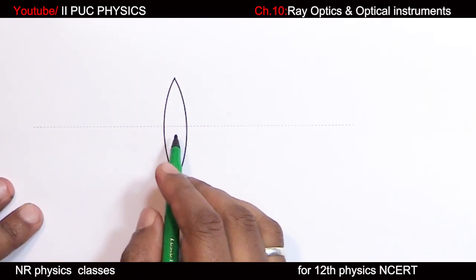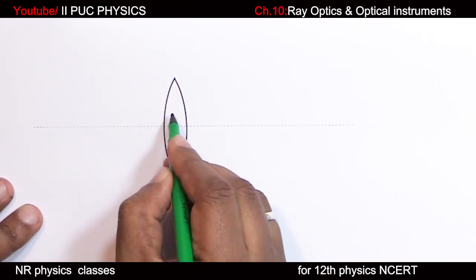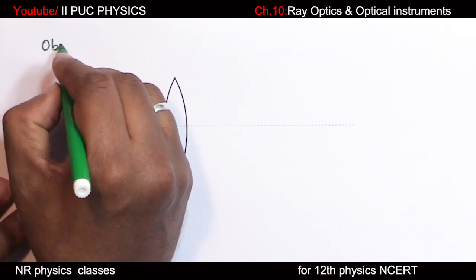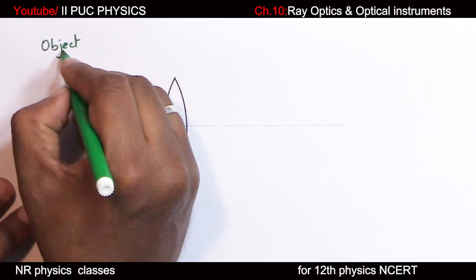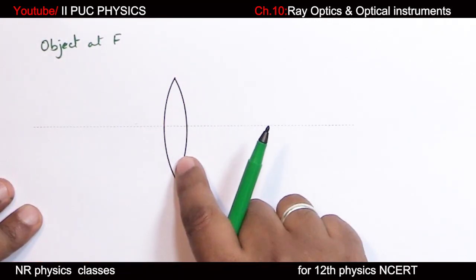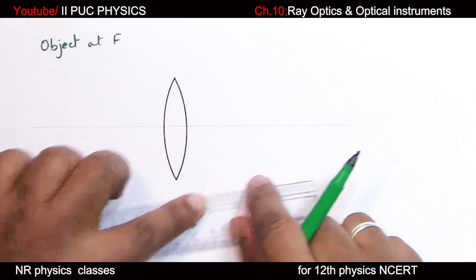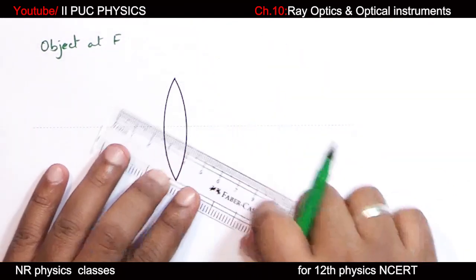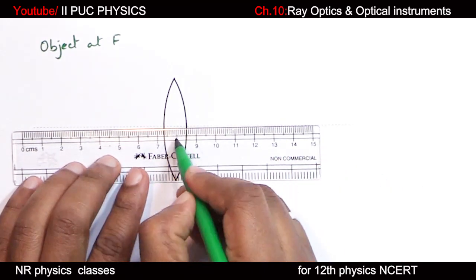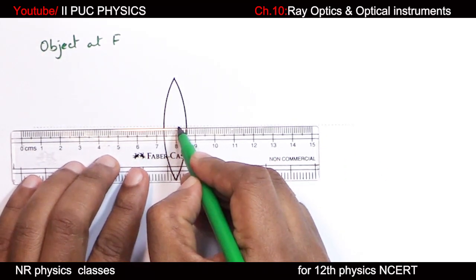Now in this case, let the object be at F. Convex lens, principal axis. So let me keep 8 centimeter at the optic center.